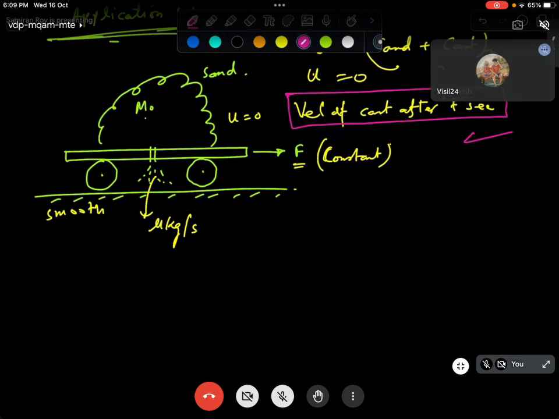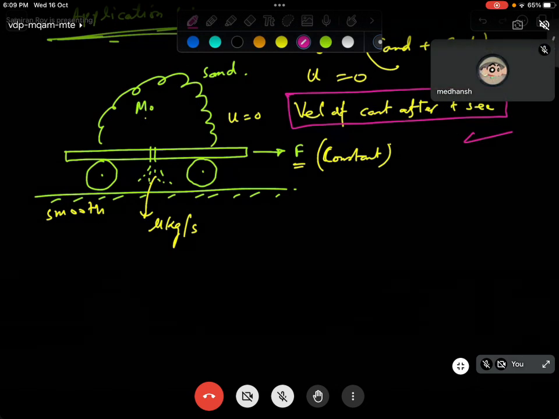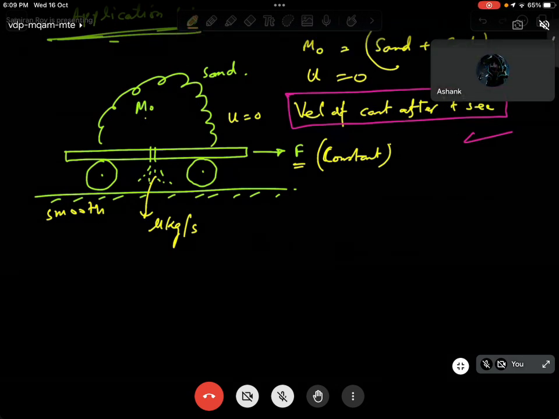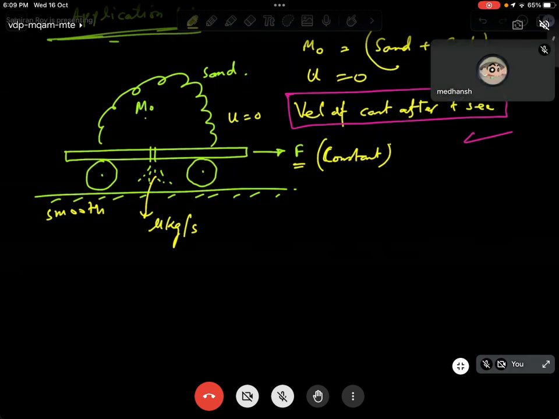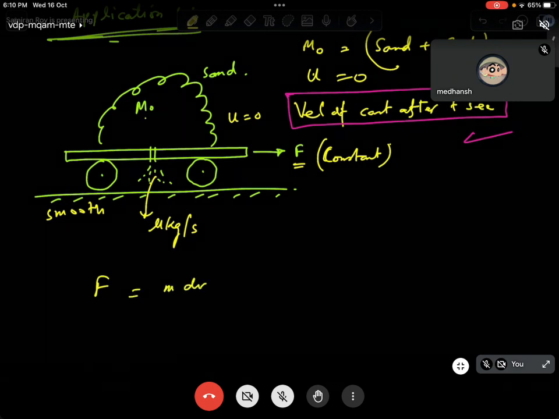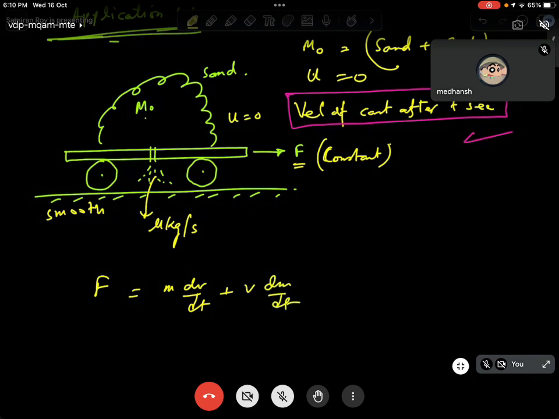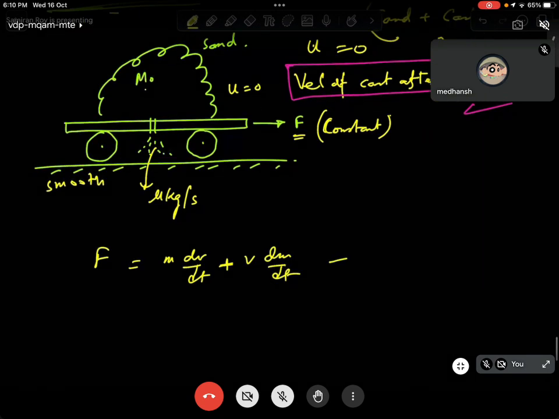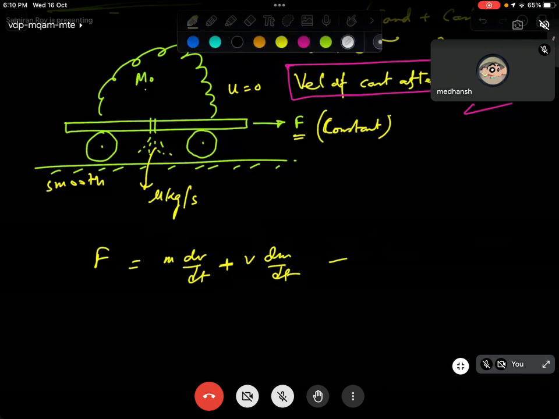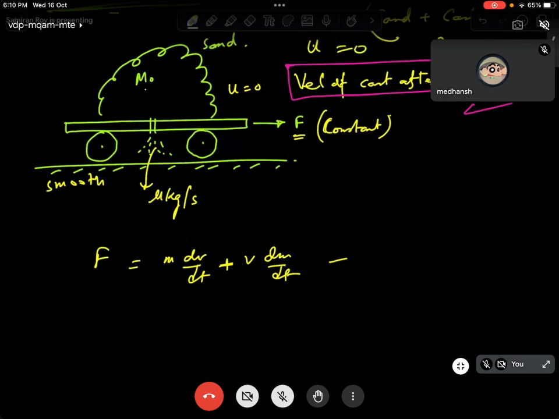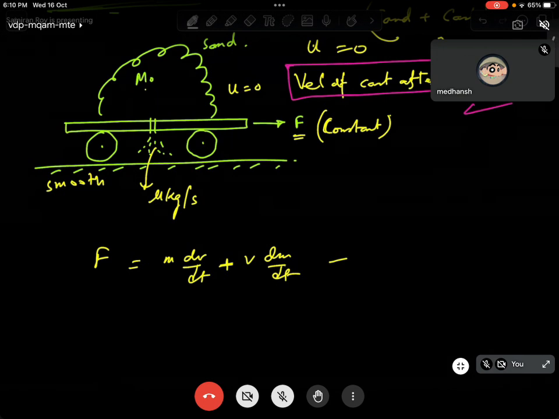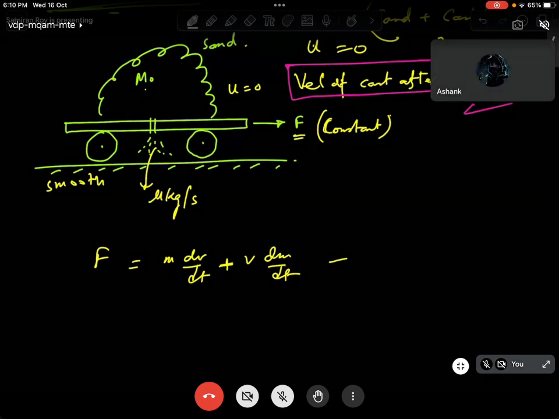Yeah, correct. Ft by m naught, no. Use this formula. Because force is applied, F equal to m dv by dt plus v into dm by dt. Use this formula. Impulse also you can use.